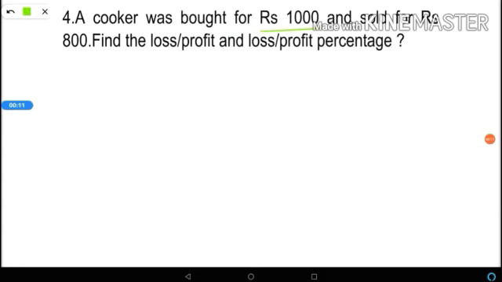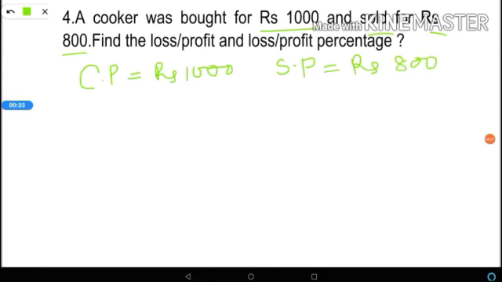Next problem. A cooker was bought for ₹1,000 and sold for ₹800. Find the loss or profit and loss or profit percentage. So, what is the information given? Yes, CP is given, which is equal to ₹1,000 and SP is equal to ₹800. CP is greater than SP, so it is a loss.